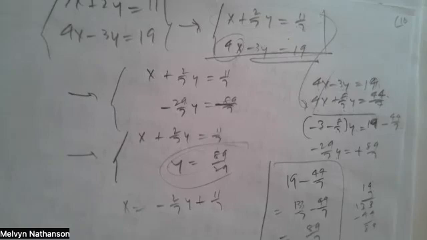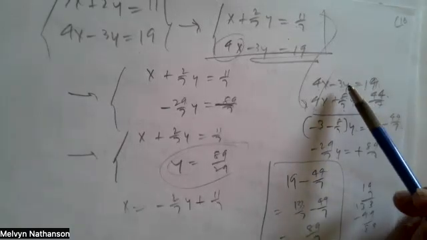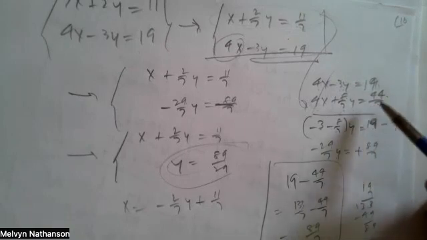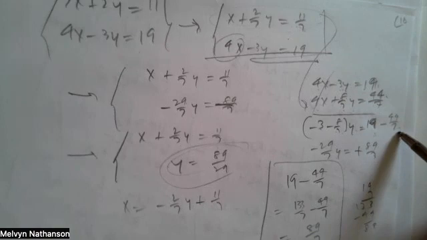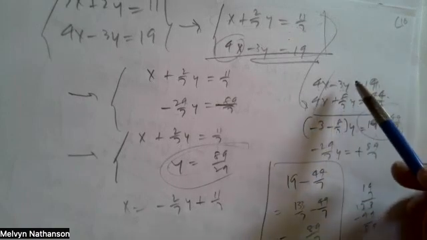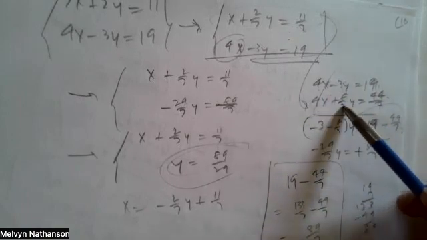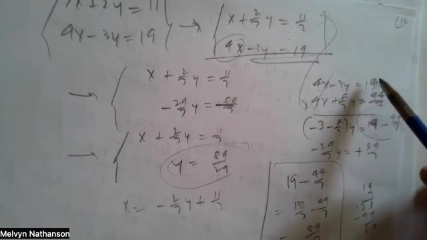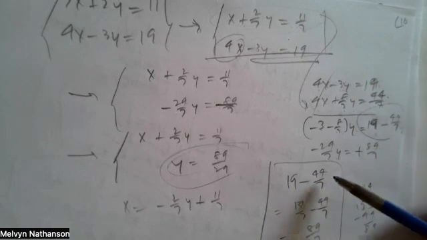Where did you get 133? So when I subtract, I'm taking this equation minus this equation. On the right-hand side, I get 19 minus 44 over 7, which is 89 over 7.